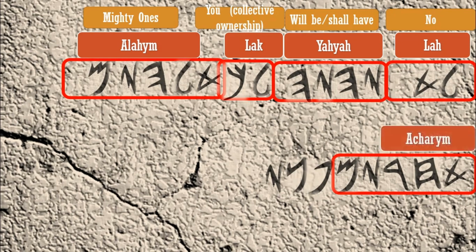And this word is Acharim, which means others. So we see Layaya Lak Alaim Acharim. So far we have no shall have you mighty ones others, or no will be you mighty ones others.